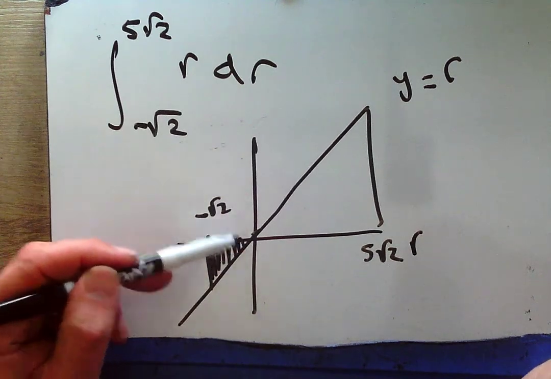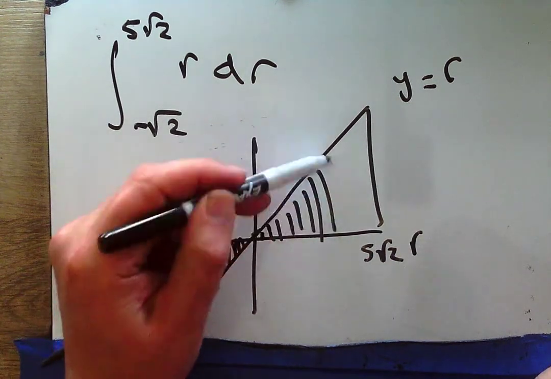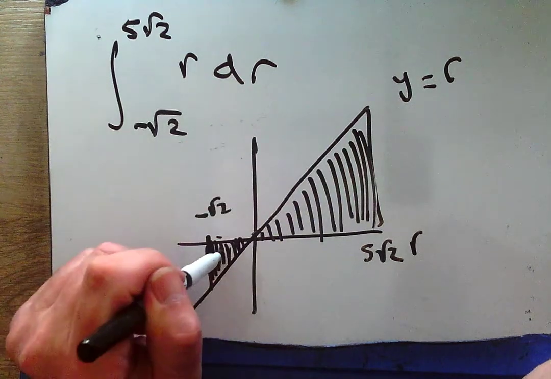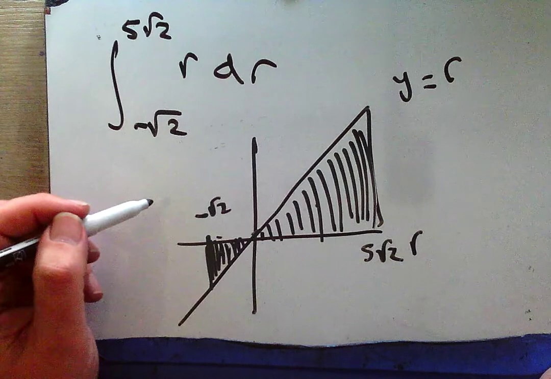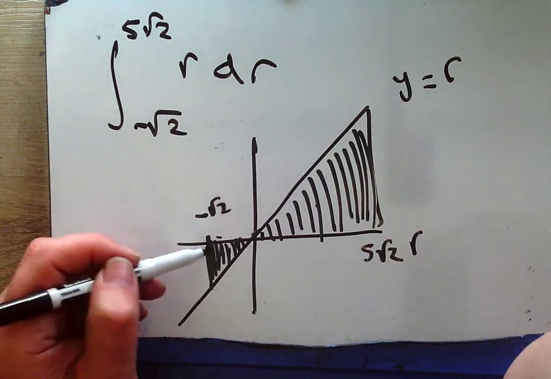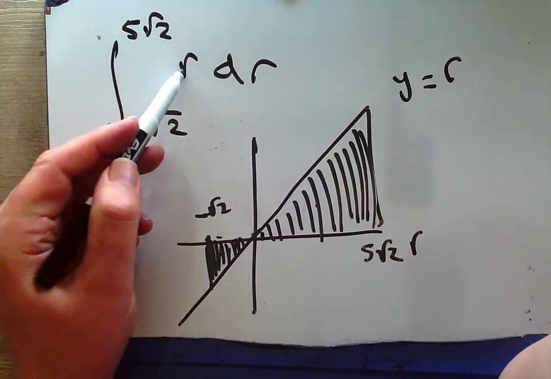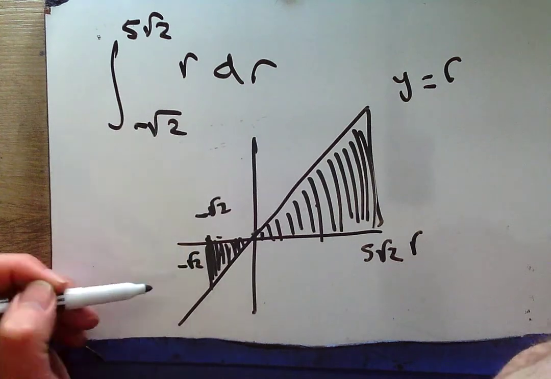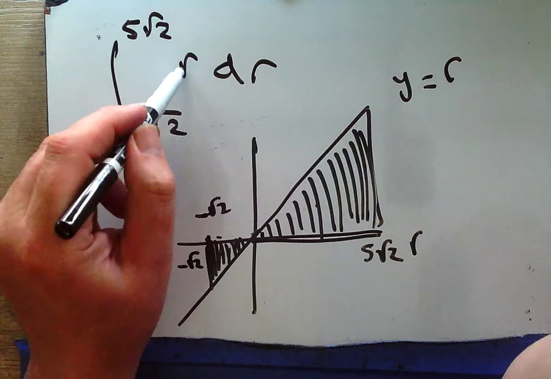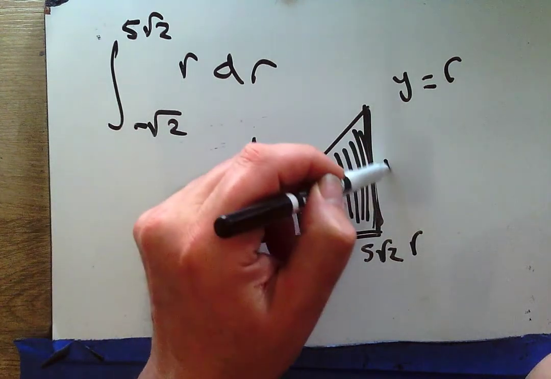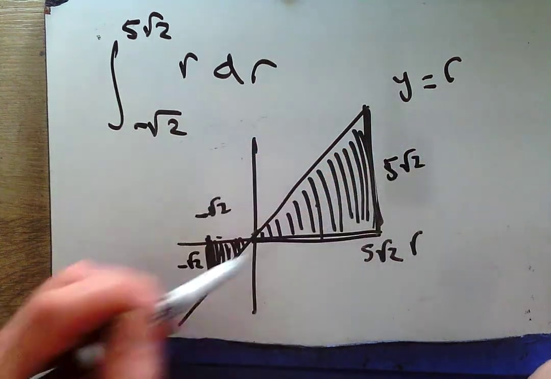So what do we have going on here? Well, it looks like two triangles. Negative plus a bigger positive. I'm expecting my integral here to be a positive number. So if I plug a negative root 2 in here, my y value is also negative root 2. If this is 5 root 2 and I plug a 5 root 2 in there, yeah, I get out a 5 root 2.